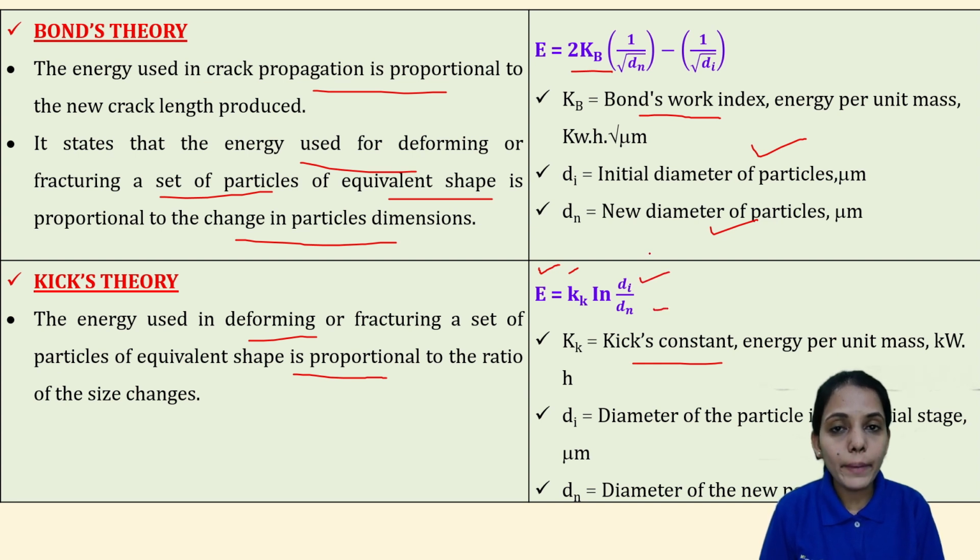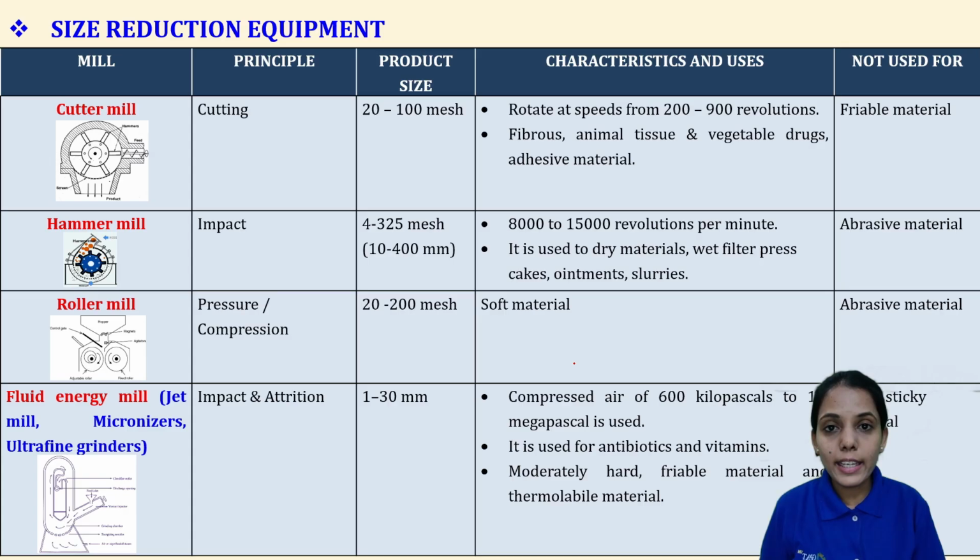Di is the diameter of the initial particle size and dn is the diameter of the new particle size. Bond's theory and Kick's theory are similar, only there is a difference between the formulas. So, three theories: Rittinger's, Bond's and Kick's theory. Rittinger's theory is about the surface area, whereas Bond's and Kick's theory are about the diameter.